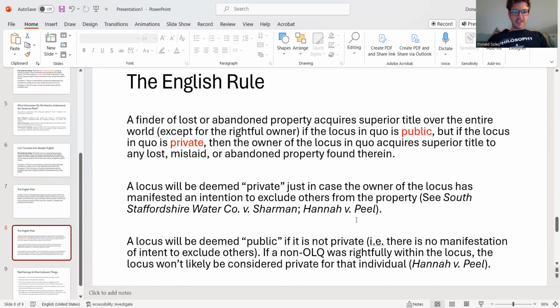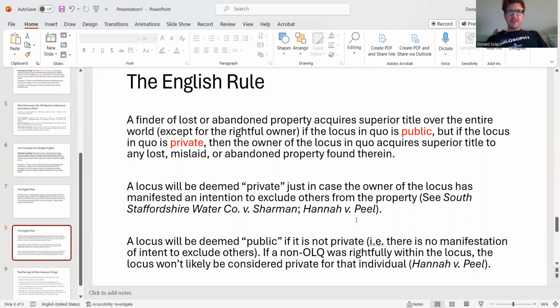All right, so just in summary, the American law places great emphasis on the category of the property that was lost. How was the property lost? This is the main question with which American jurists will be concerned, isn't it? If the property has been intentionally placed and then forgotten about, the owner of the locus in quo will acquire superior title.